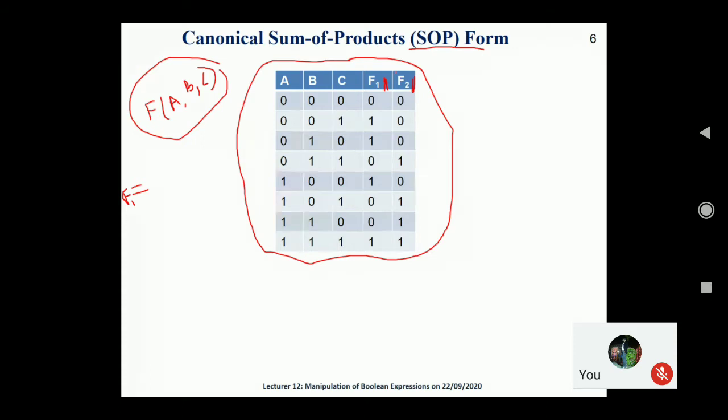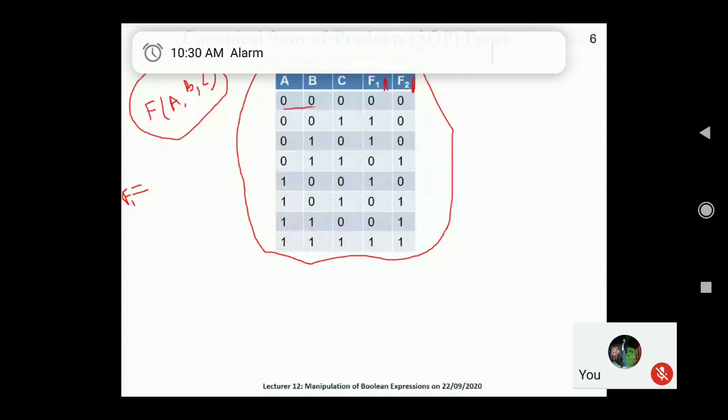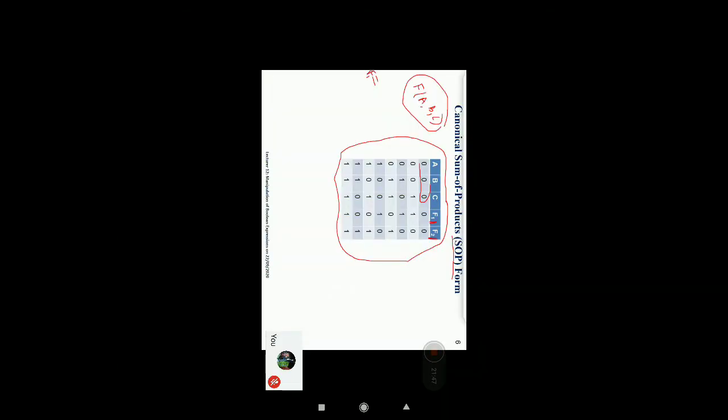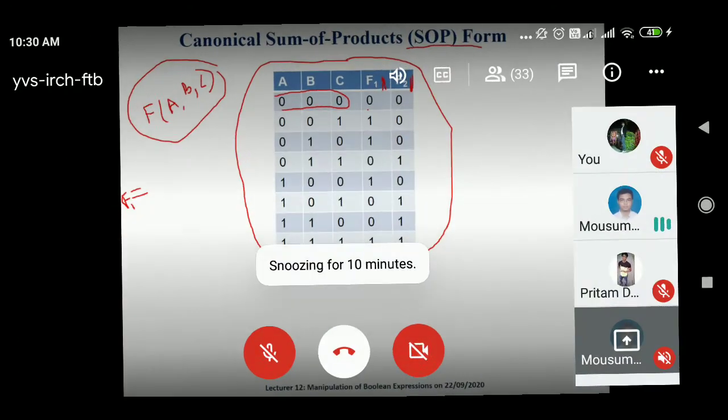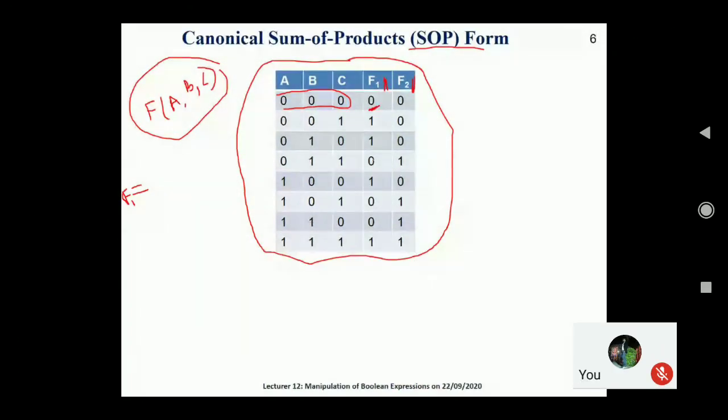Now see here, when we are writing F1, if we apply this particular sequence, what is the output? Output is 0, F1 is 0. And when we use 0, 1, 1, it is also 0. But when we are writing the expression, we always consider the output value where the logic value is 1.